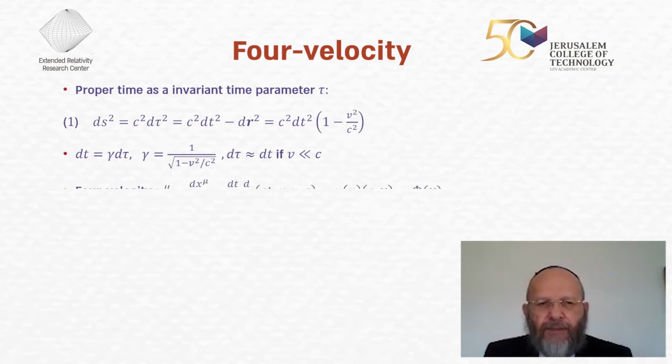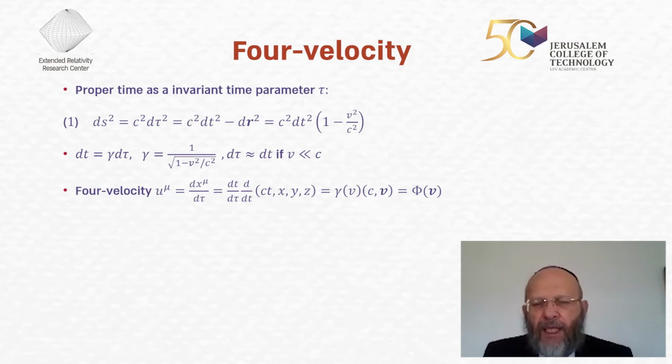So this is the definition of the four-velocity. We take the displacement between the two events, dx mu, and we divide it by d tau. It's like a velocity on the world line when the world line is parameterized by tau. We can do it the following way. First of all, x mu can be written this way. And we divide it first by dt and then dt by d tau.